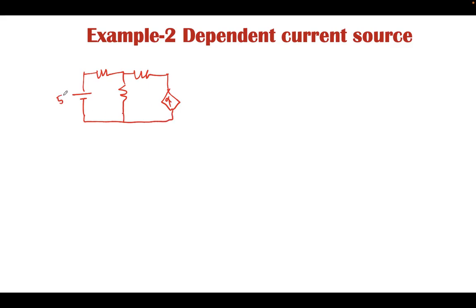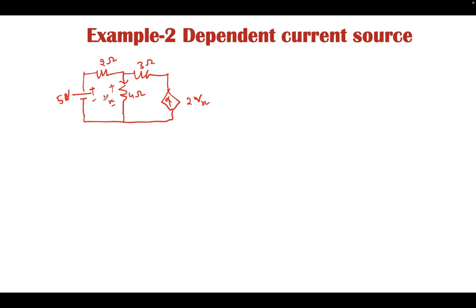The same network: 5 volt, 2 ohm, 3 ohm, 2 ohm, 4 ohm, and the magnitude of this current source depends upon the voltage across this node, Vx. Let it be 2Vx.